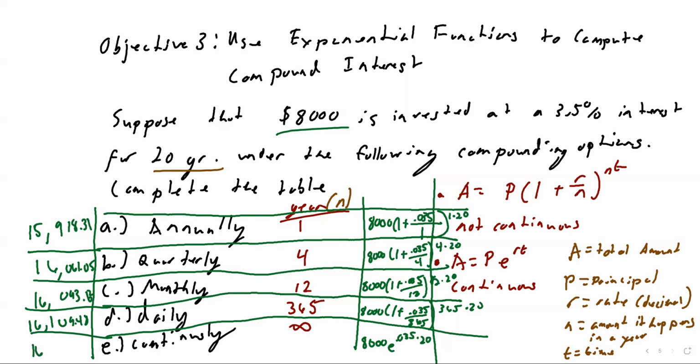And then you'll see that the continuous is 16,110.02. So daily and continuously are pretty darn close to being the same. But continuous goes by the hour or the minute, so it's slightly a little bit more.